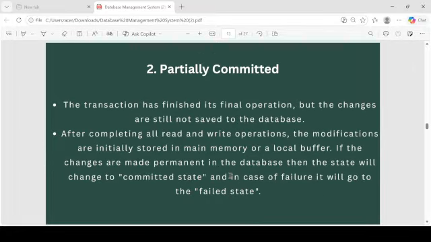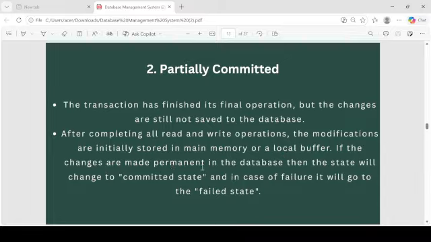The next state is partially committed, where the transaction has finished its final operation but the changes are still not saved to the database. Like when we transfer money, but this is not yet stored in the database. This is the partially committed state. After completing all read and write operations, like transferring the money, the modifications are initially stored in main memory or a local buffer.